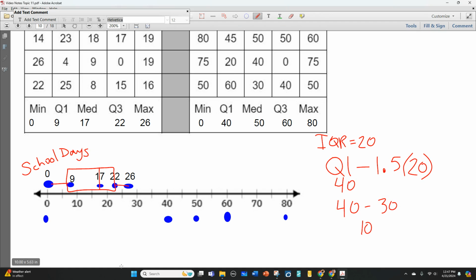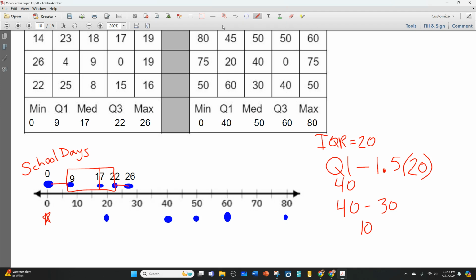So instead of putting the dot here for 0, that's going to go away. My next point is 20, so I'm going to move this to 20. And then I'm going to put that asterisk, that star, at 0.